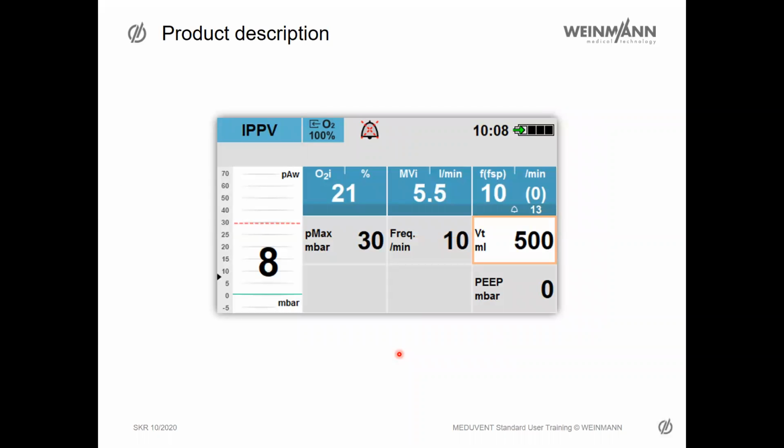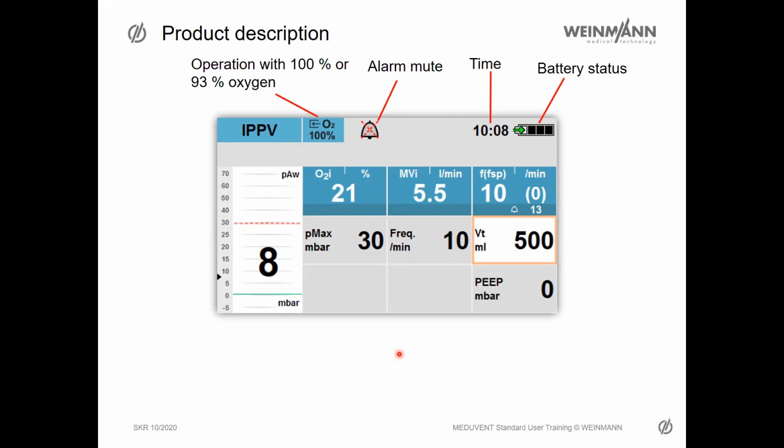When we look at the ventilation screen, here, for example, the IPPV screen, we have also the battery status, time, the alarm mute. Here you can see the cross of the alarm bell. You have the operation with 93% oxygen, the ventilation mode, and we have some measurements. We have the oxygen concentration.